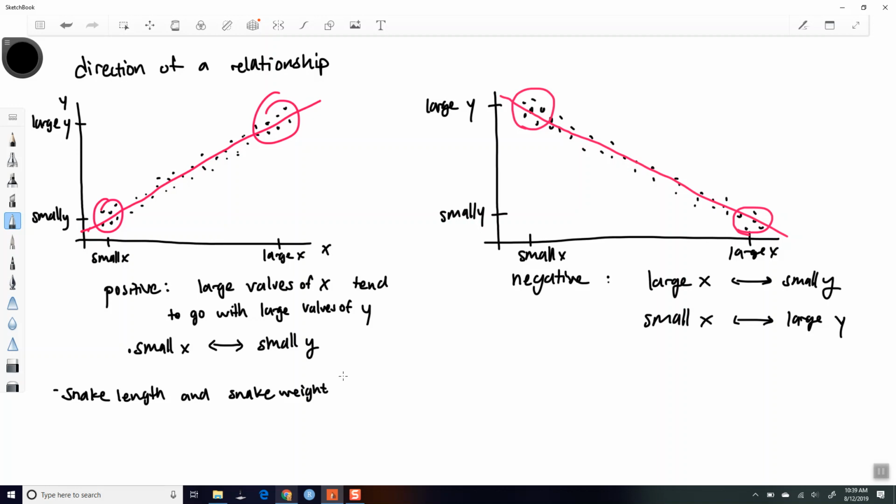Any other examples for positive relationships? Anyone brave enough? Yeah. Increase in recreational marijuana shops and increase in usage of recreational marijuana.